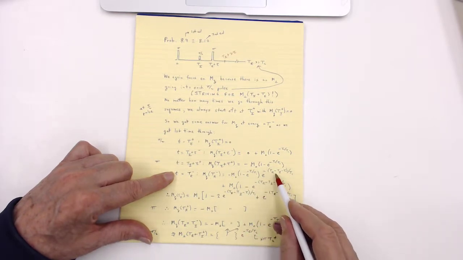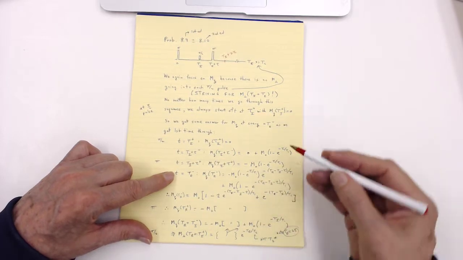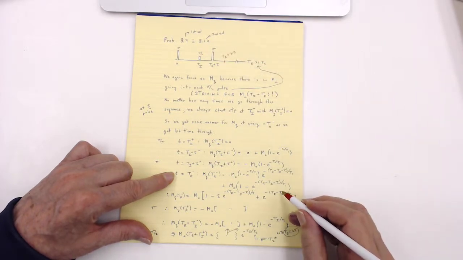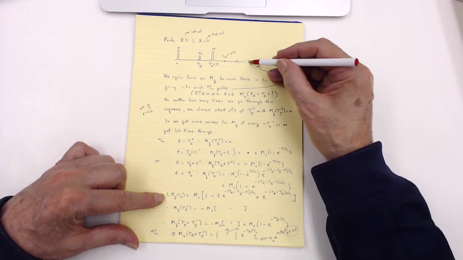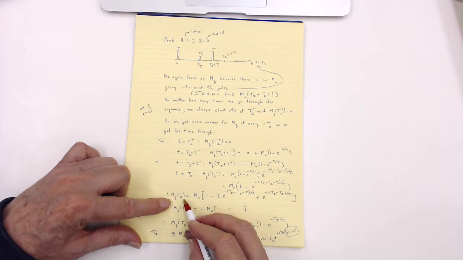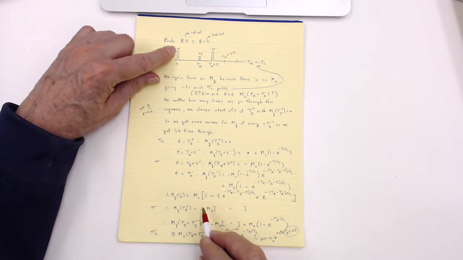And this time is just the time that has evolved, from this point out to TR. Next, I've got that guy at TR, but it's at TR minus, because the next time through, I've got that inversion pi, and it's going to flip that thing.